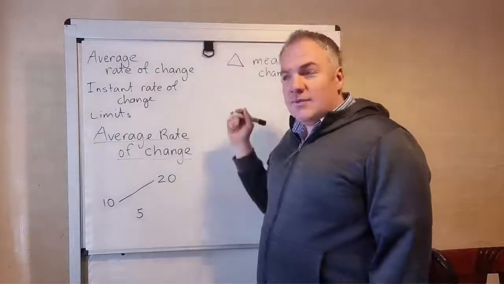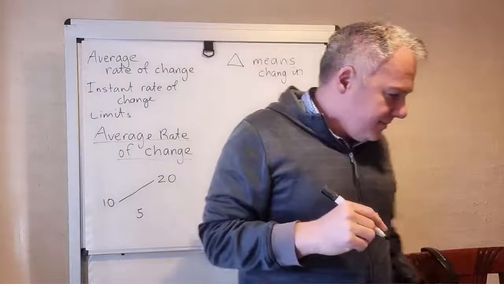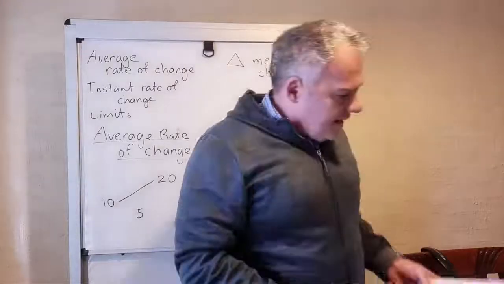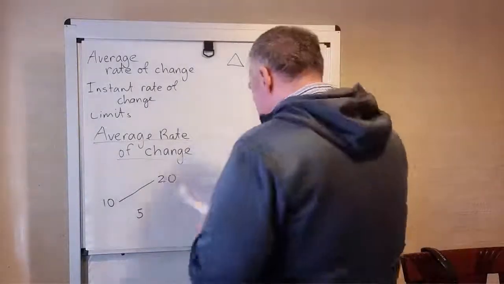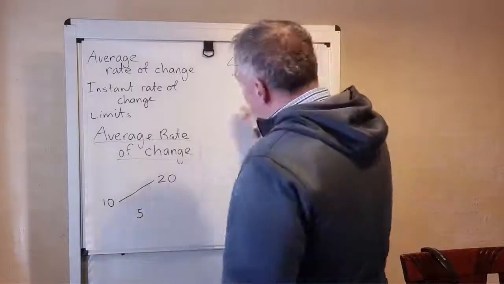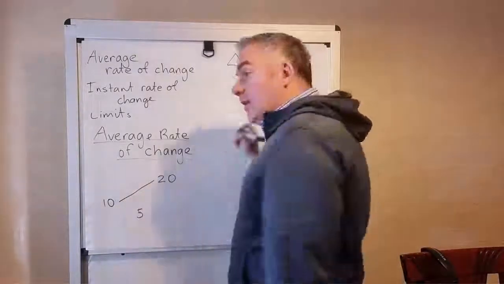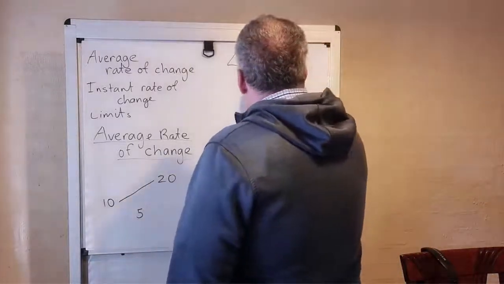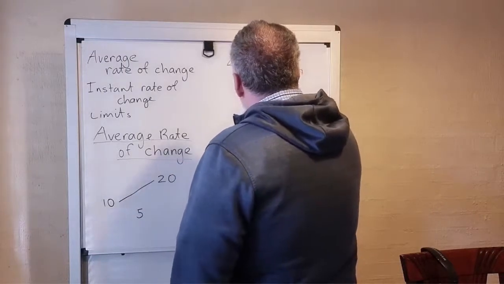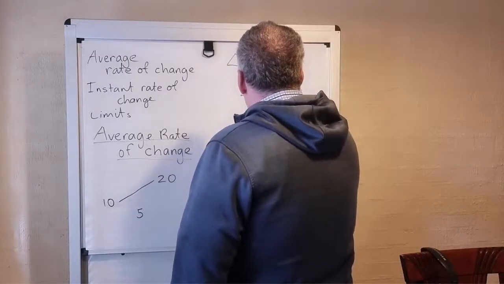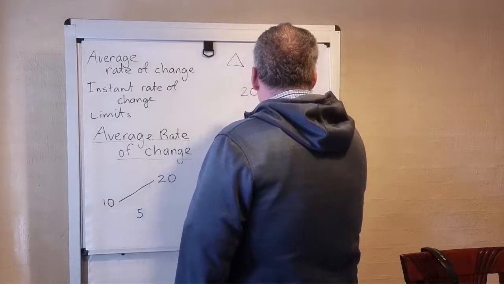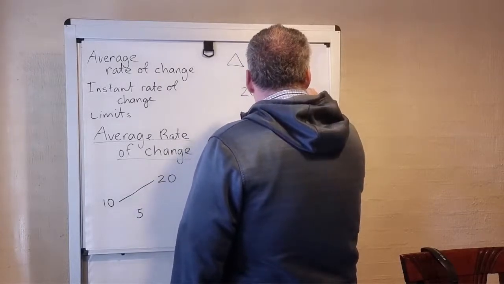It's called delta and it means changing. Okay, and here we can say, like our typical straight line formula, our y value, 20 minus 10, equals our change in y.